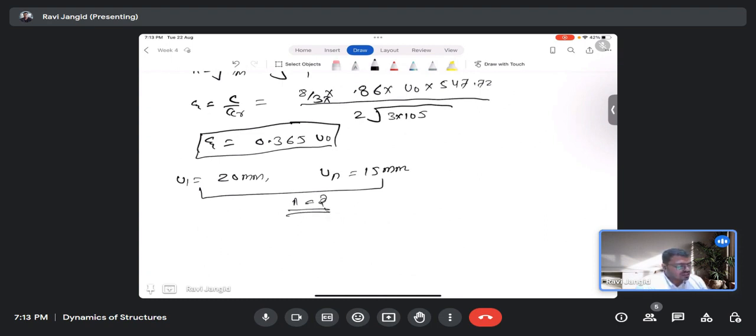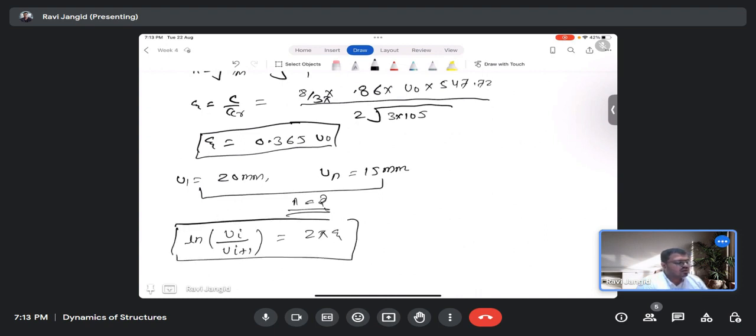So the logarithmic decrement is ln ui over ui plus 1, which is 2 pi xi for one cycle, or I can write it for the nth cycle, ln u1 over un is 2 pi n xi.